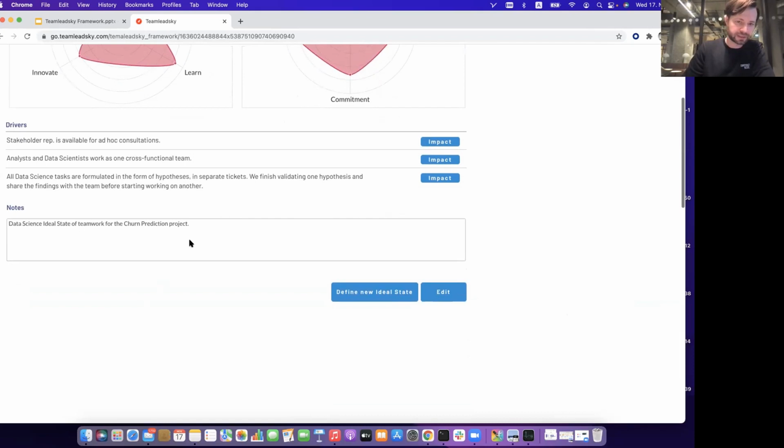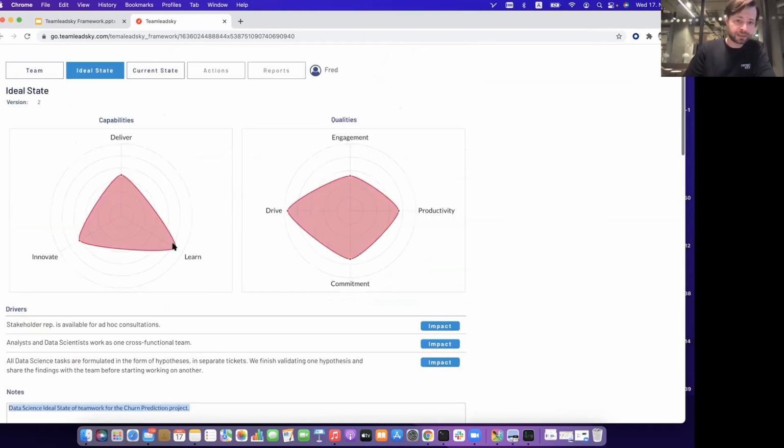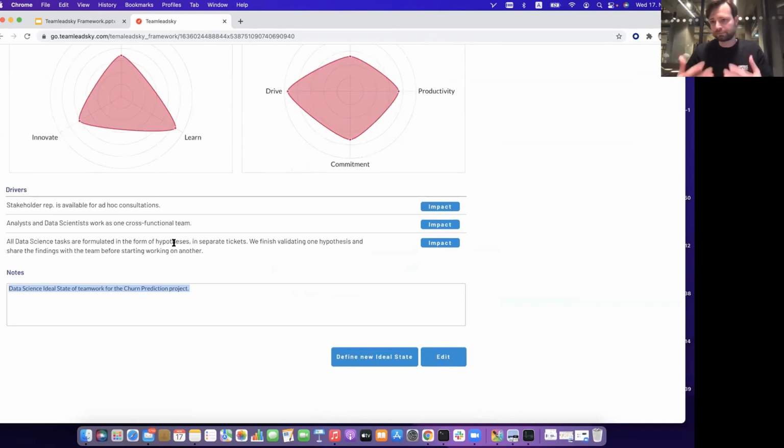So we can see that this is a data science team, which is working on a churn prediction project. And they have decided that the following positive factors ideally should be present in their work. So they want a stakeholder representative available for consultations, makes sense. Then they want to work cross-functionally together with the analysts.